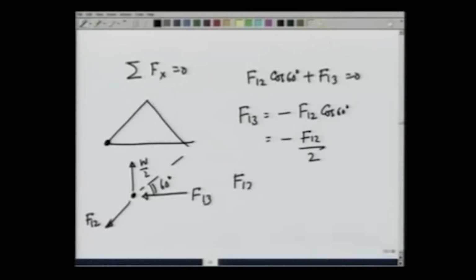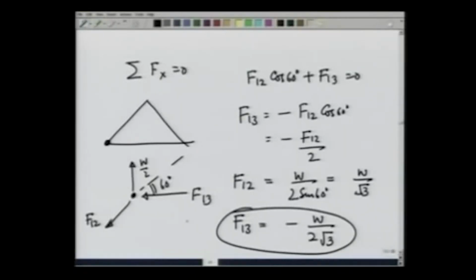F12 on the other hand, we found out is equal to W over 2 sine of 60 degrees, which is nothing but W over root 3, and therefore, F13 is equal to minus W over 2 root 3.